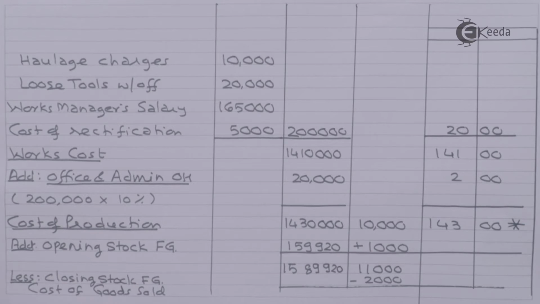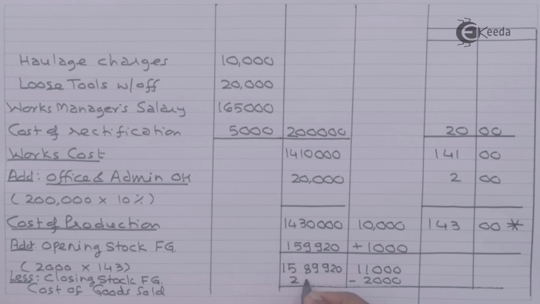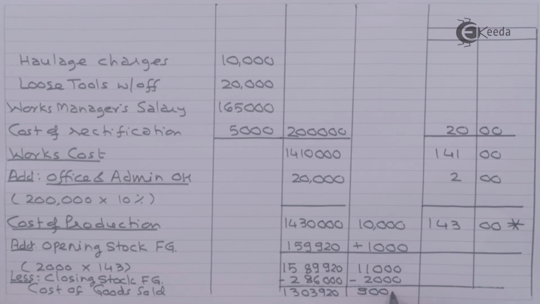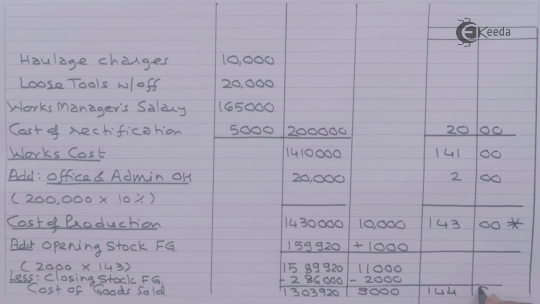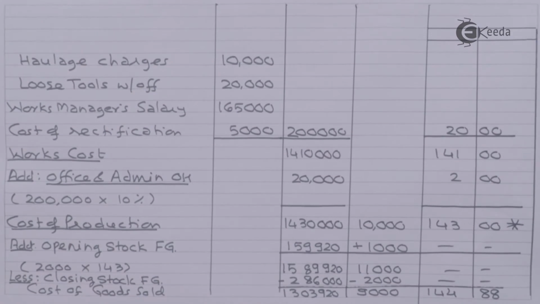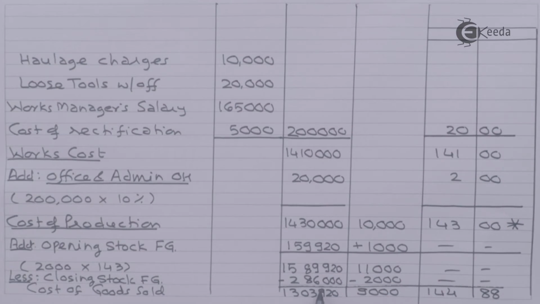Closing stock is unsold units that will be valued at current cost of production per unit, that is rupees 143. 2000 units multiplied by 143. Closing stock will be 2,86,000.